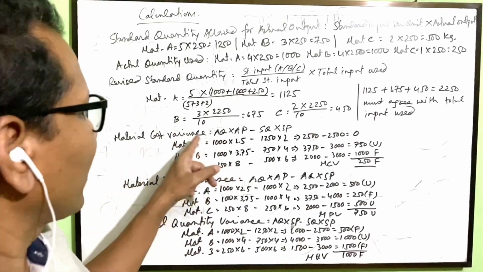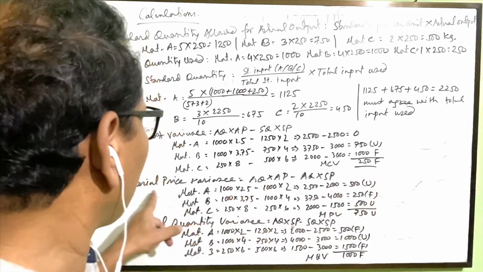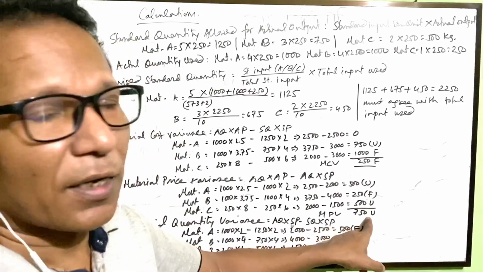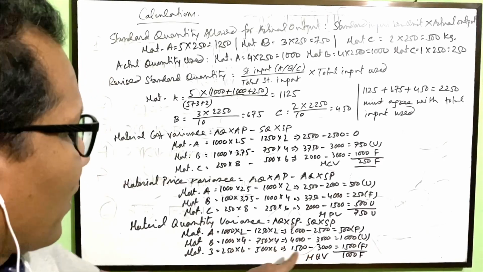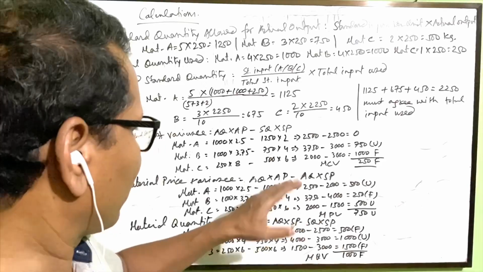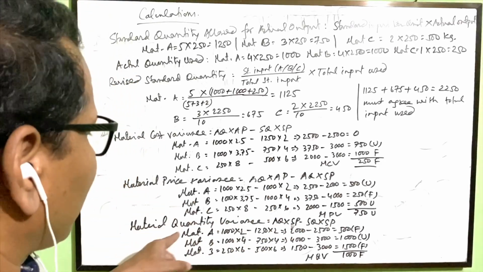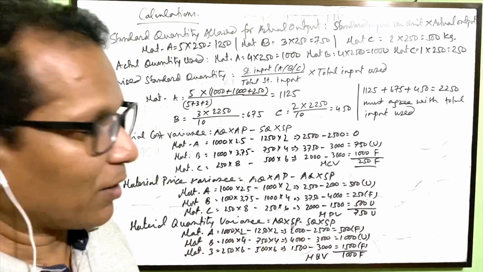Here material cost variance is 250, that is favorable variance, material price variance is 750 unfavorable, and material quantity variance is 1000 favorable variance. Adding up material price variance and material quantity variance, we get total variance 250.